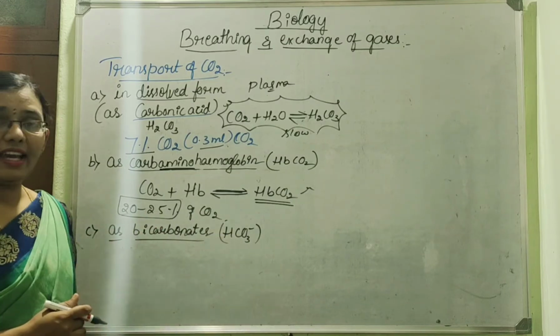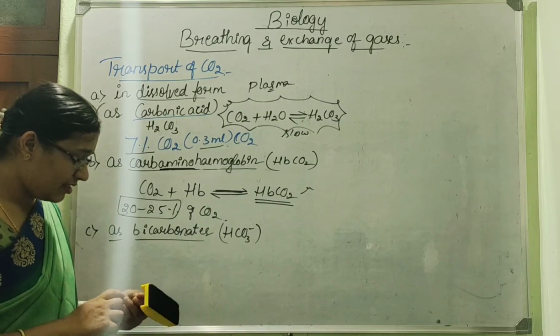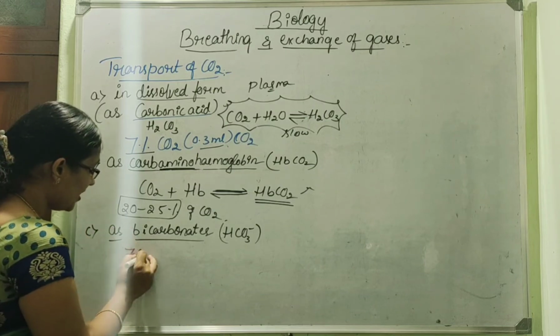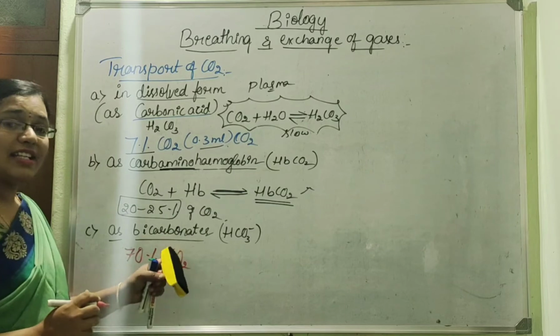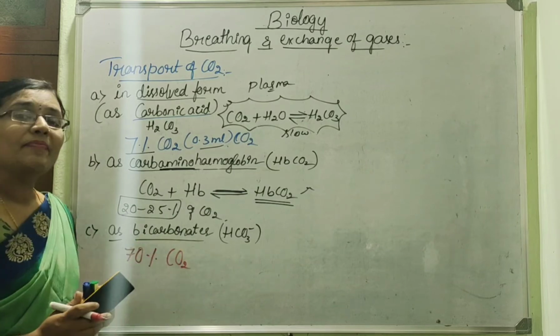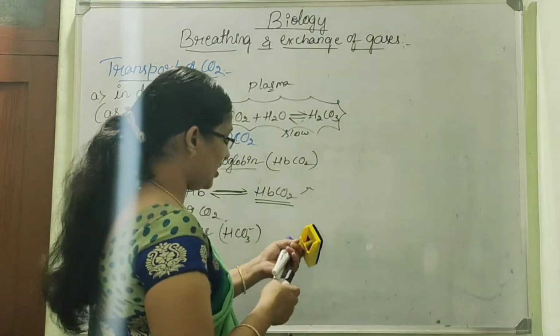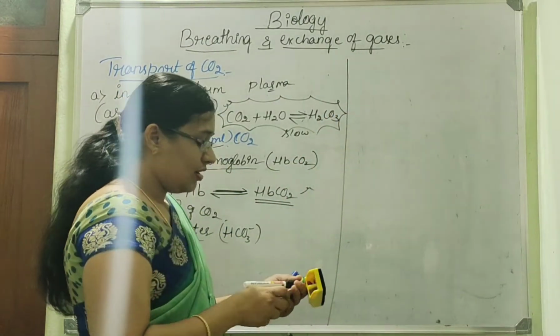HCO3 minus. Here what happens? About 70% of carbon dioxide is transported in the form of bicarbonates. Let us see how. To show you that, here I will draw the RBCs. Why RBCs?